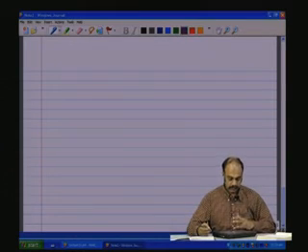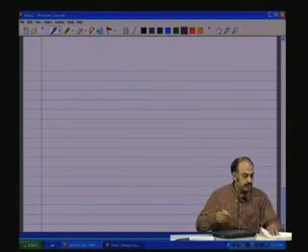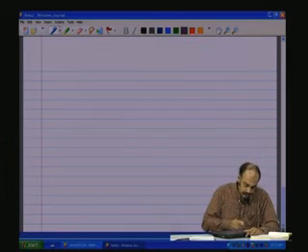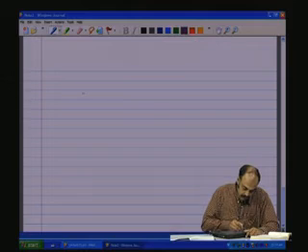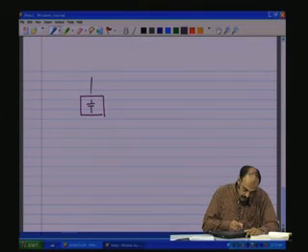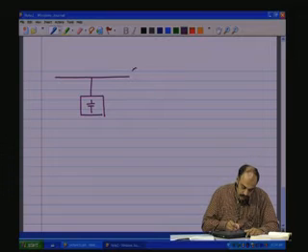So, let us take a textbook example where there is a capacitance bank, there is also a motor load.